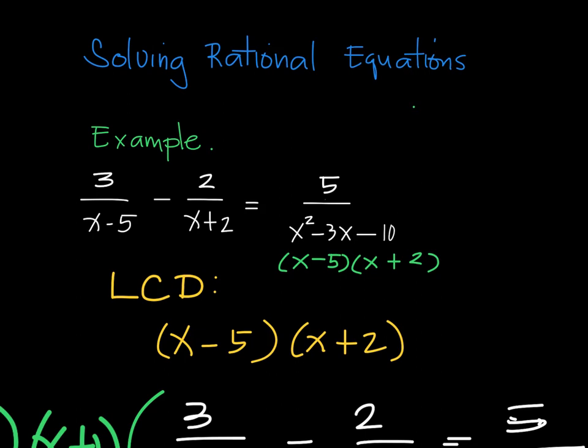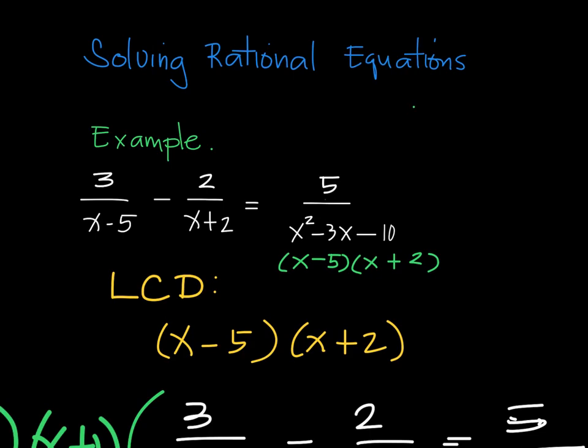That means x cannot be equal to 5, because if you place 5 here, the denominator becomes 0, and 0 in the denominator is not allowed. For x plus 2, negative 2 is not allowed. And for x squared minus 3x minus 10, from the factors x minus 5 and x plus 2, it's the same. 5 is not allowed and negative 2 is not allowed.